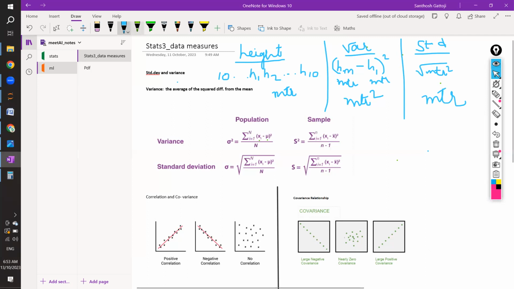So as you can see, the actual value units and the standard deviation units will always be the same, whether it's meters or square meters or feet or any type of data points you take, right? The units will be the same in the actual value and the standard deviation. To make sure these are the same, we have created standard deviation, which is just the square root of this.